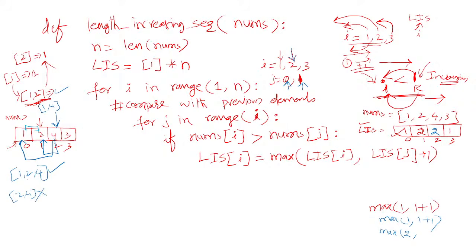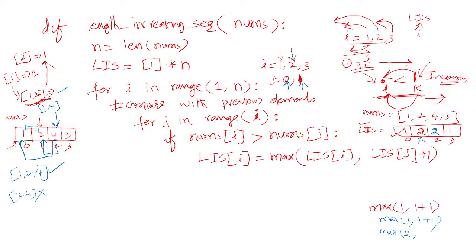Up to 2, lis of i value is already there. 4 formed an increasing sequence with 1, 2 here. Now if you consider lis of j, what is the j value? 1 here. So lis of 1 value is 2.